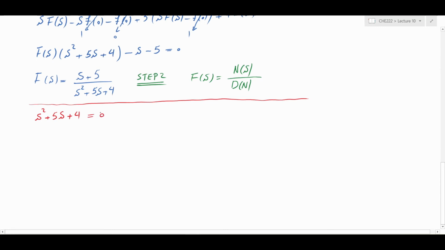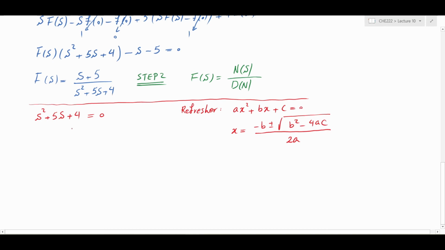And if you remember, I'll give you a refresher here. For a quadratic equation in the form of ax squared plus bx plus c equals 0, we use the quadratic formula to obtain the roots, which is x equals minus b plus or minus the square root of b squared minus 4ac, divided by 2a.